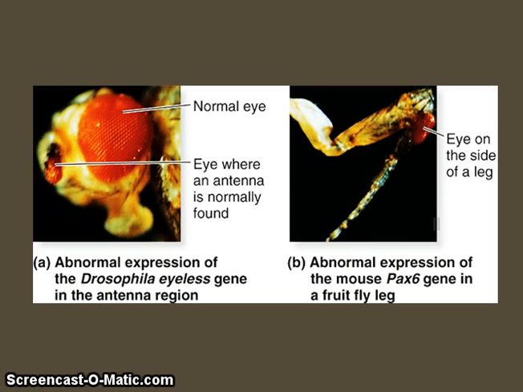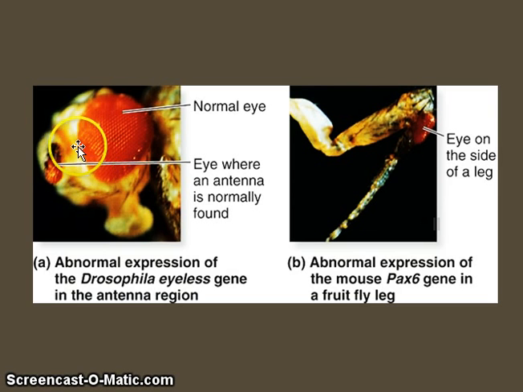So knowing this, he and his colleagues turned on the activation of the eyeless gene in a fruit fly where its antennae were supposed to grow, which we can see in this photo right here. And eventually, an eye grew there.